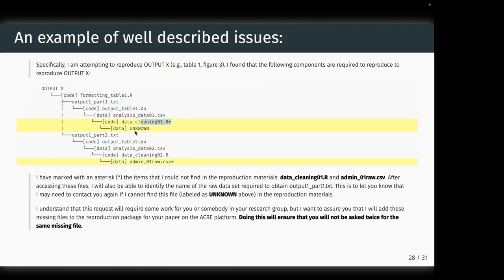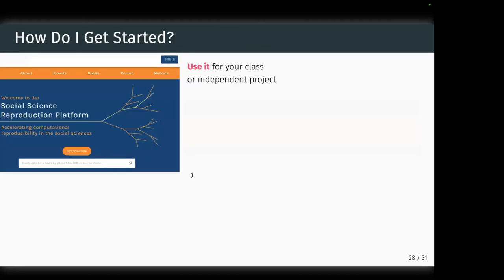This script mentions this data, and I cannot find it. Can you please share those files with me? Again, trying to mediate a potentially thorny exchange such that it can be as constructive and fruitful for anybody involved in this. So that's roughly the SSRP.